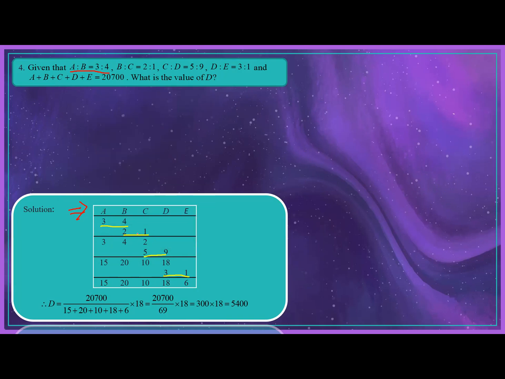Now, after that, you continue every line. Okay. The first would be for A is to B. For this part, you have 3 is to 4. Okay. Next is B is to C would be 2 is to 1. Okay.